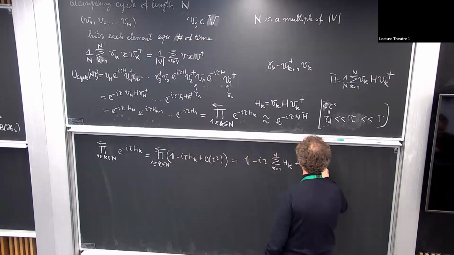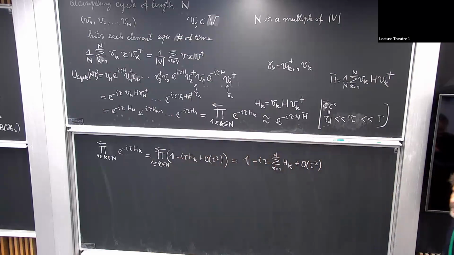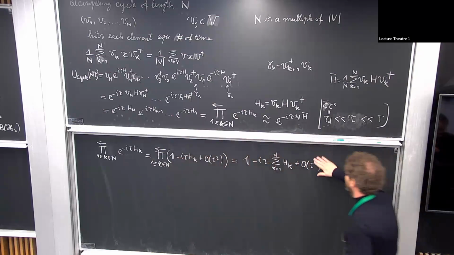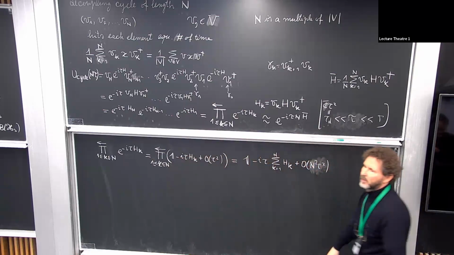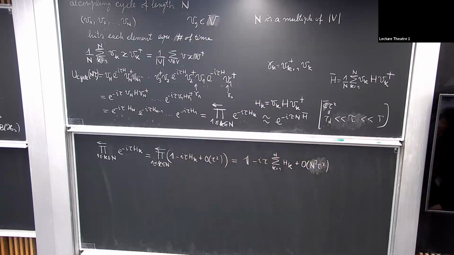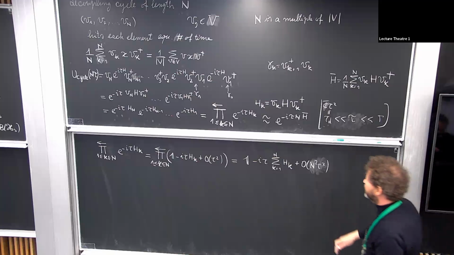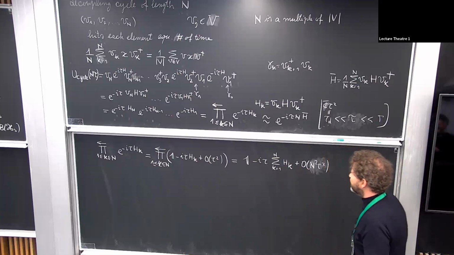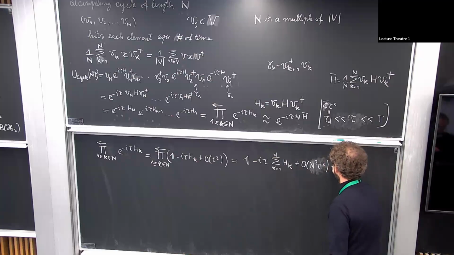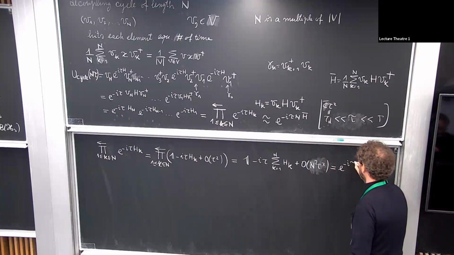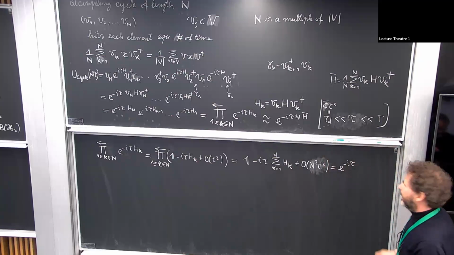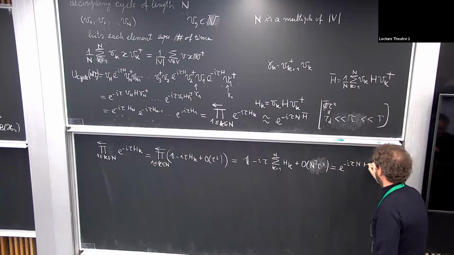So the tau squared. Okay, in fact, if we want to be precise, this is n squared tau squared. Okay, but n is fixed, capital N, tau is going to 0. And so you see immediately that this is equal to exponential minus i tau n h bar.